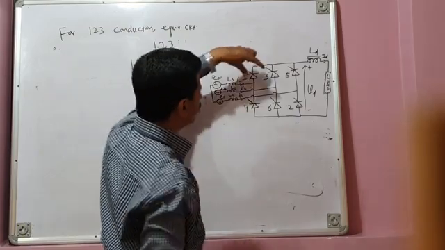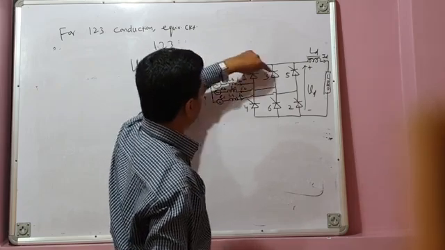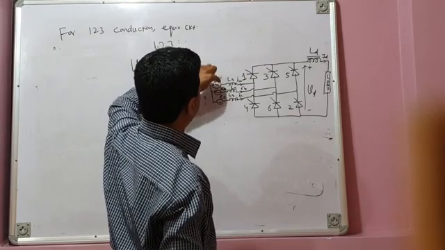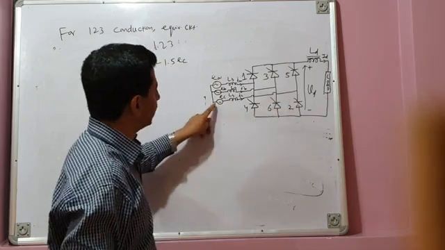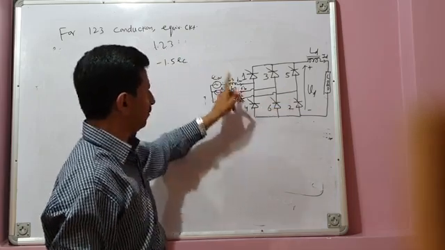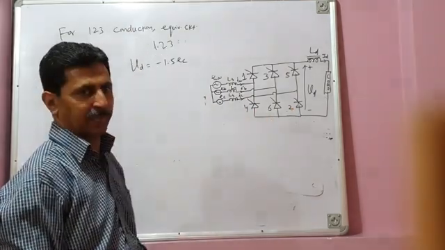You should remember it like this: 1 and 3 are conducting, 1 is connected to EA, 3 is connected to EB. So EA plus EB is equal to minus EC. 2 is also connected to EC. So minus EC by 2 minus EC gives minus 1.5 EC.